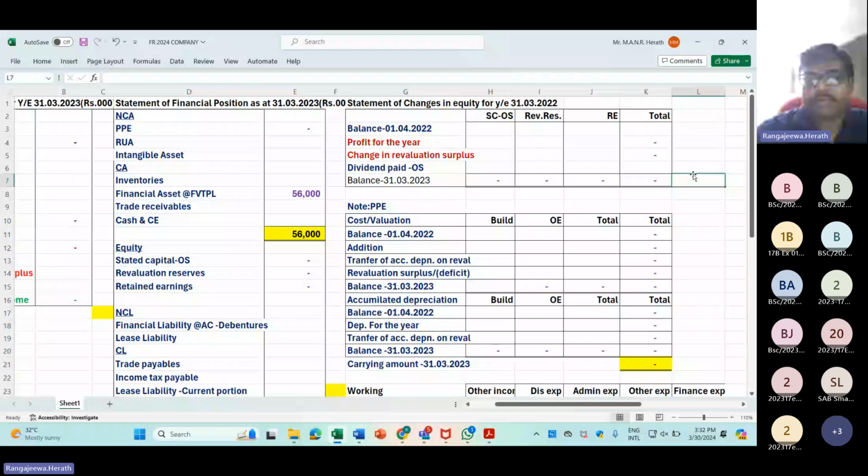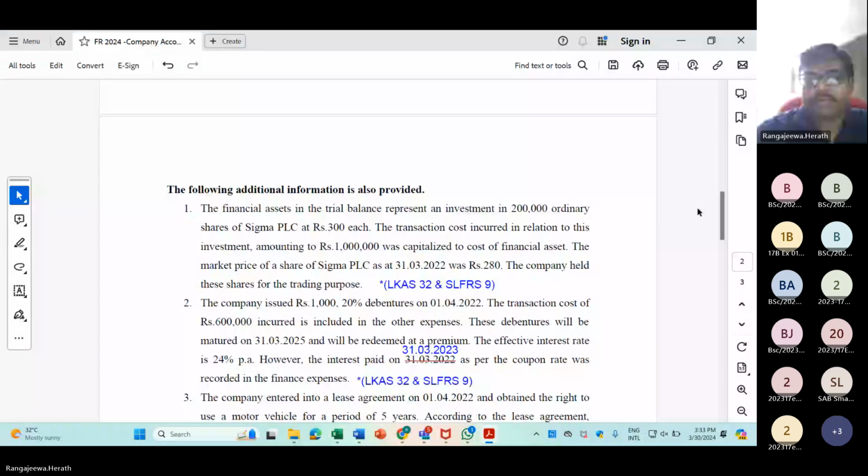And the second one, the debenture issued. So we can have the debenture account also. Financial liability debenture account. In the trial balance, we have debentures 60,000.